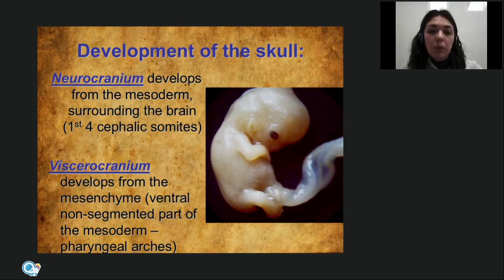To be more precise about development of the skull, we first have to know that all the skull bones, as we also discussed at our practical classes, are divided into bones of the cerebral skull, or neurocranium, and bones of the facial skull, or viscerocranium. Bones of the cerebral skull form the cranial cavity to surround and protect the brain. Bones of the facial skull form our face.